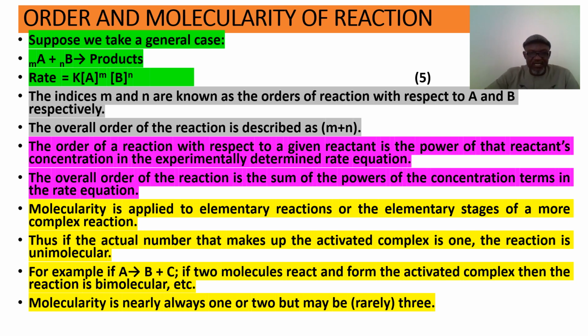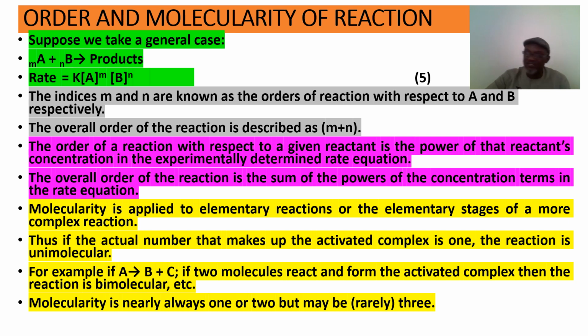And we said that molecularity is nearly always 1 or 2, but sometimes it can be 3, but that's very rare. It's difficult to find molecularity that is 4. It's just like where people are fighting. It's easy to see two persons fighting each other. Sometimes it becomes difficult for 3 or 4 persons. If they become 4, they will automatically split into 2.